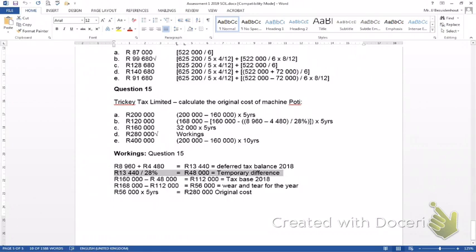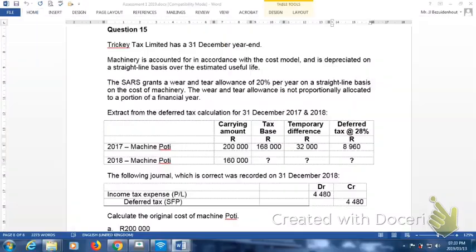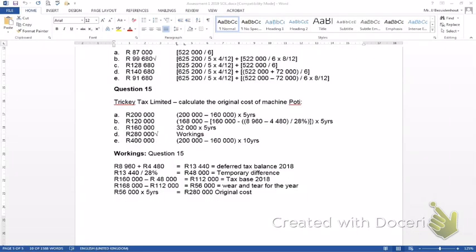Once you've calculated that, let's go back to the previous slide. You can see this answer here, that little answer there, you have now calculated as 48,000. So now all you need to do is calculate that difference, which is this amount here: 160 minus 48 gives you 112,000.